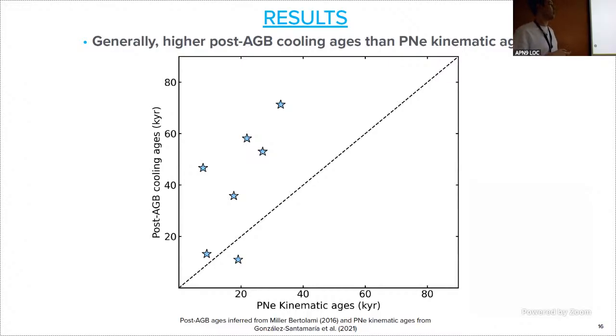This tells us that if we infer effective temperature or any central star parameters from the kinematic ages of the planetary nebula by going back to the post-AGB cooling ages, there might be some errors while getting the central star parameters.